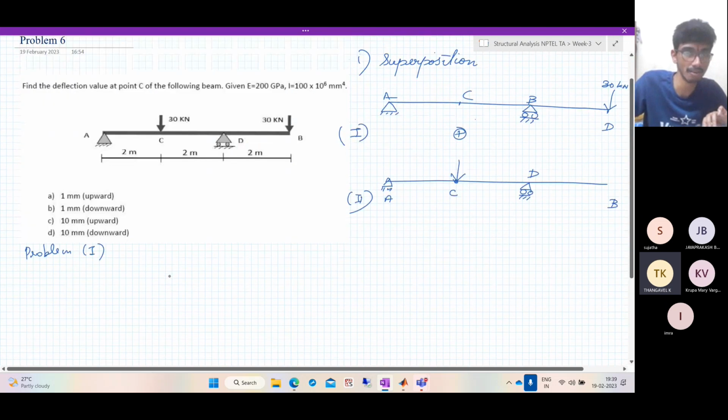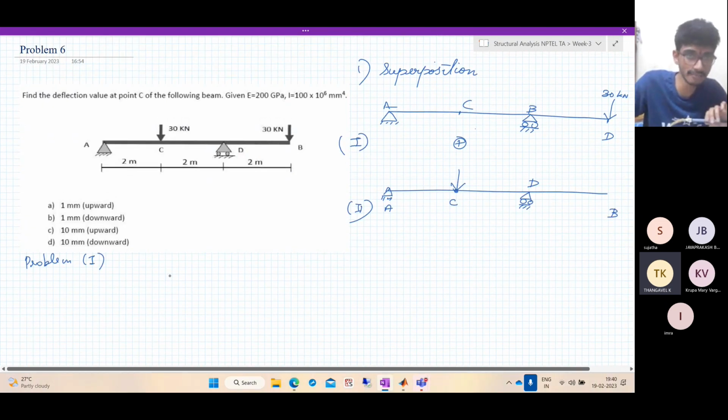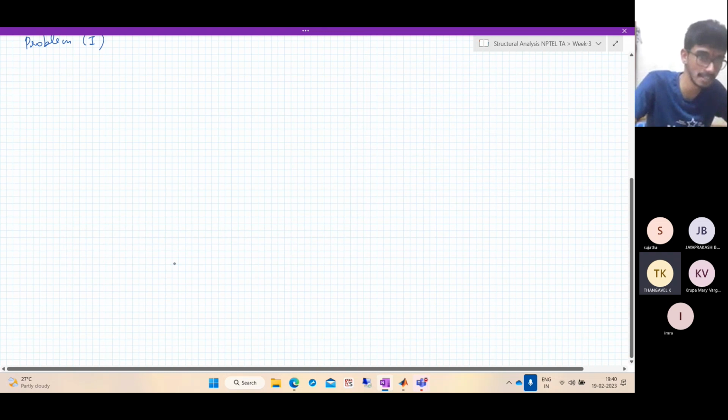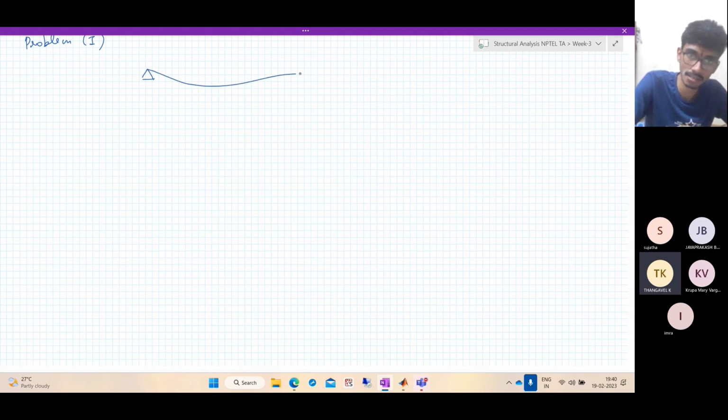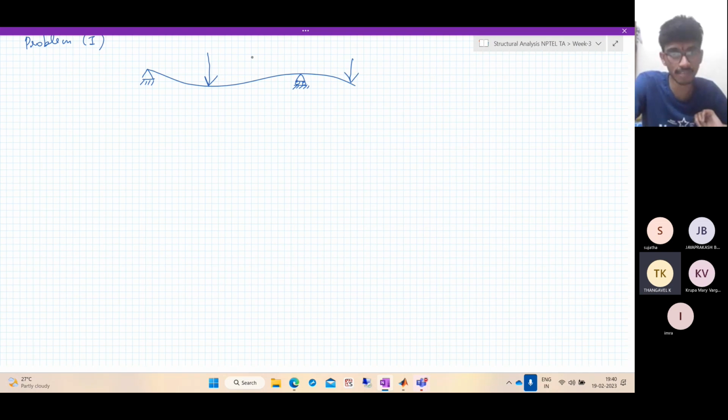As I said, always let us draw the deflected shape. Let us guess the deflected shape. We guess it should be something like this, because we have a load acting here and we have a load acting here. So the deflected shape must look something like this.